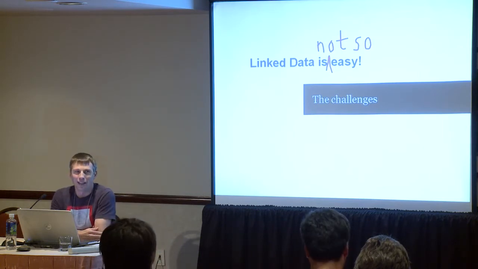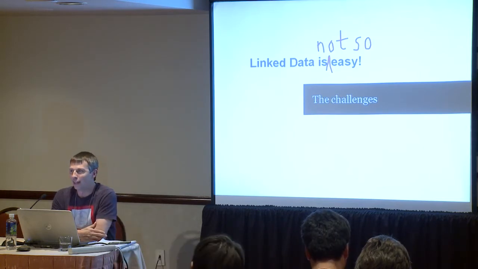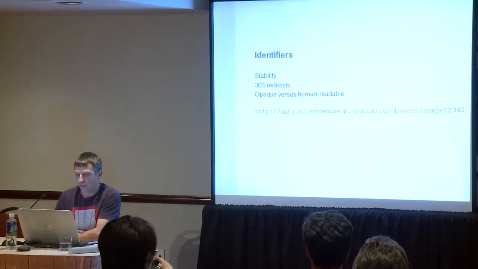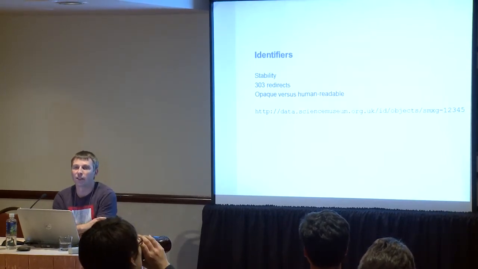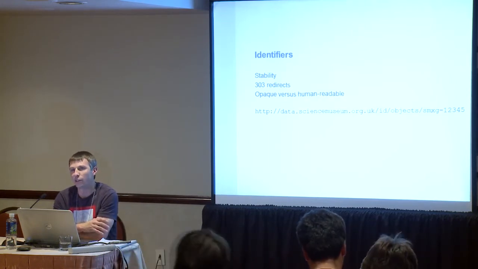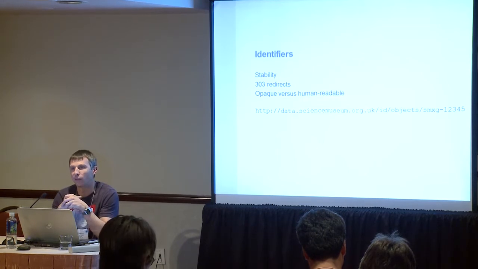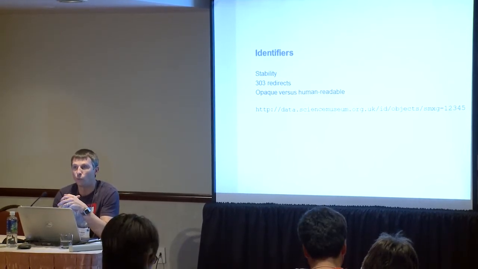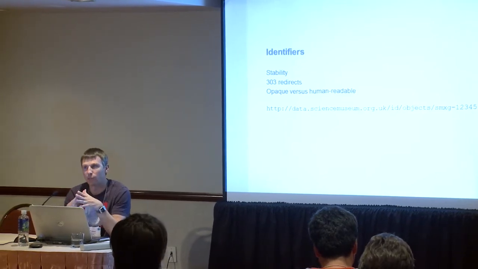However, it didn't always go smoothly, and there are a few things that we learned along the way. One of the first things that we needed to consider is that of identifiers, because linked data from the outset starts off with the idea that you will, or at least could, take part in this global web of data.